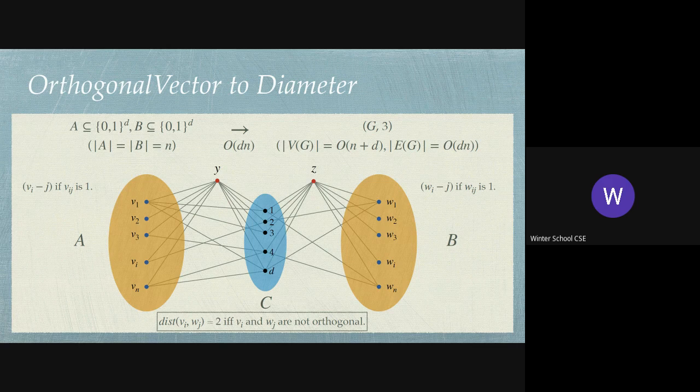Now just check: is the distance at most 2 between any pair of vertices apart from those which are orthogonal? Suppose we take Y. Can we reach every vertex of this graph in distance at most 2? Every vertex in A, it can reach with just one edge.